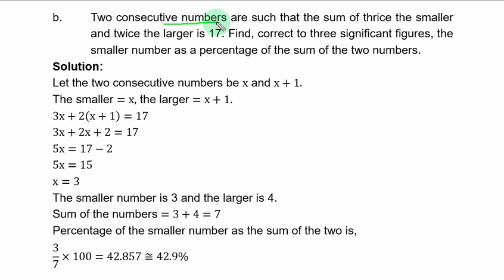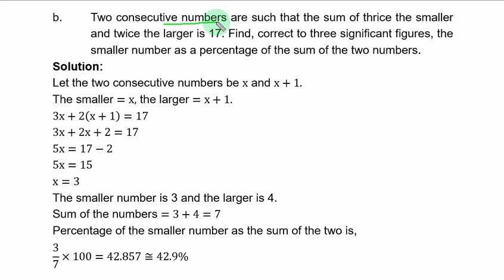Consecutive numbers, they are numbers that follow natural order. For instance, numbers such as 1, 2, 3, 4, 5, and so on. Because you cannot tell whether the first number is 2, the second is 3, or the first number is 10, the second is 11, you have to assume them in terms of variable.